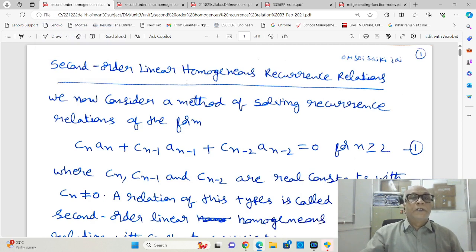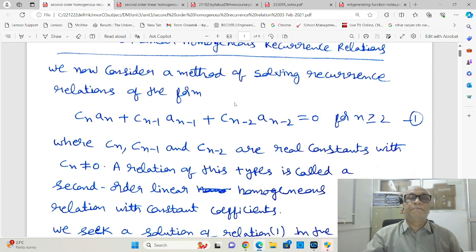Okay. So we are speaking about second order homogeneous recurrence relations. Let us say our recurrence relation form is this. What is this form? Cn an plus Cn minus 1 an minus 1 plus Cn minus 2 an minus 2 equal to 0 for n greater than or equal to 2.